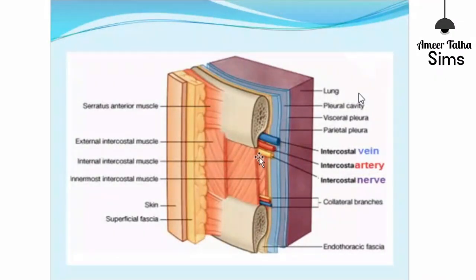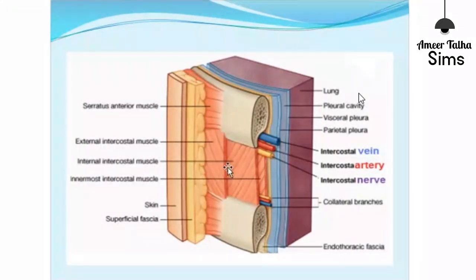And this is the neurovascular bundle, which is present between the internal intercostal muscles and innermost intercostal muscles. Internal and innermost intercostal muscles are separated from each other because of the neurovascular bundle, which is present in between them. This is basically the structure of the thoracic wall.